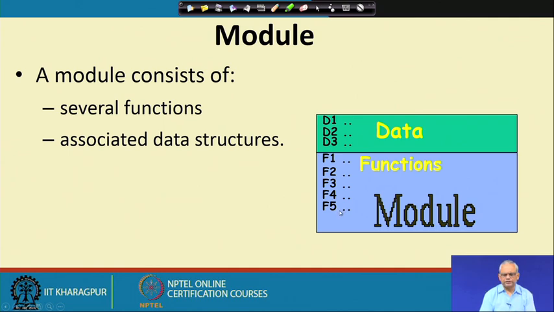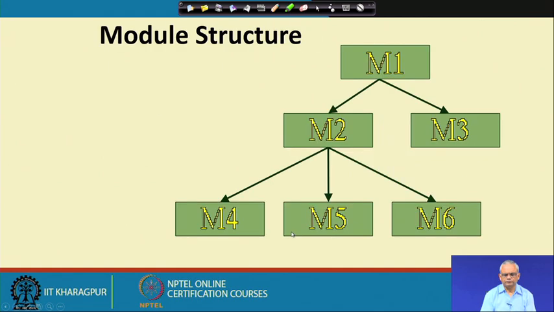We can create the object code for a module, we can compile it and then later for generating the executable code, we can link the object codes for various modules. This is the call relationship among the different modules.